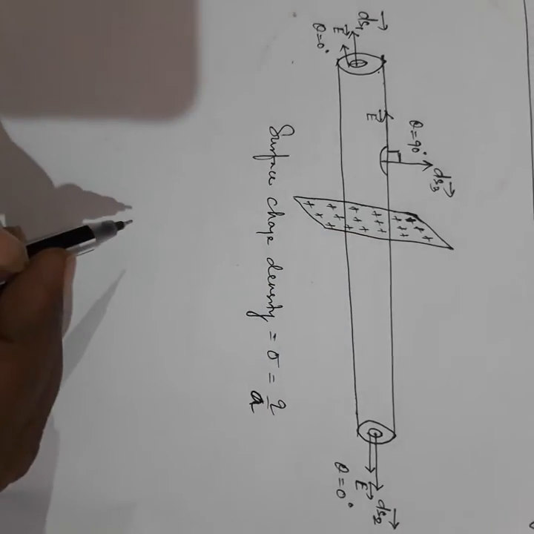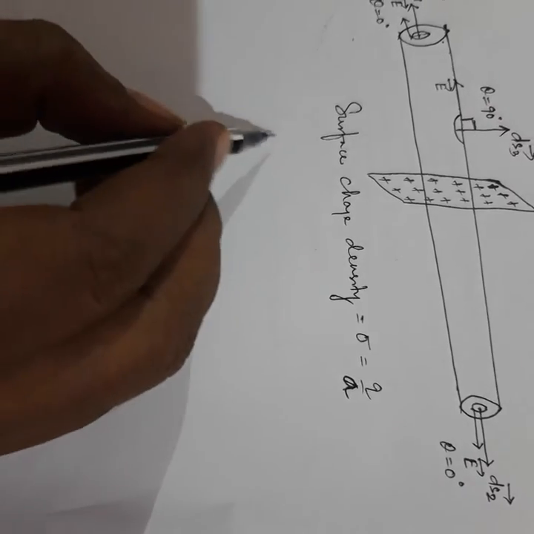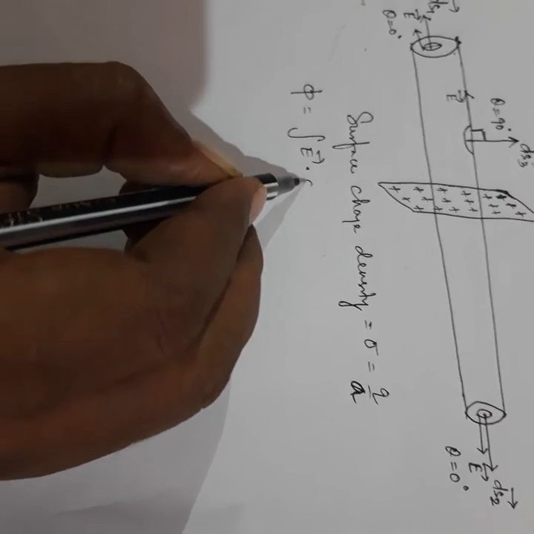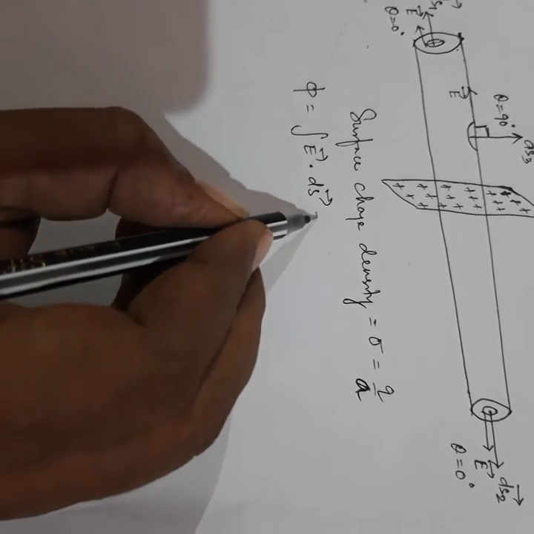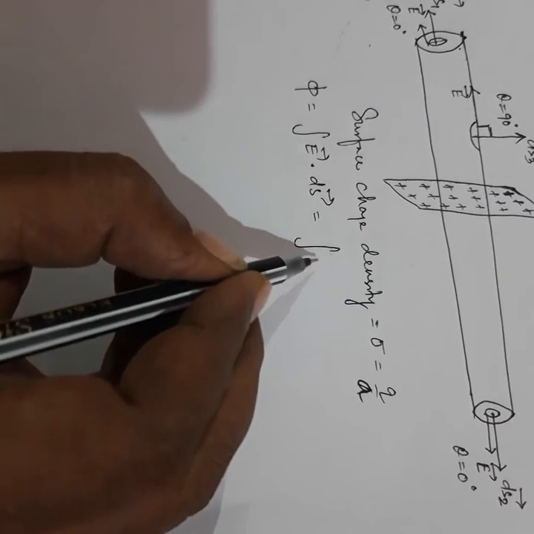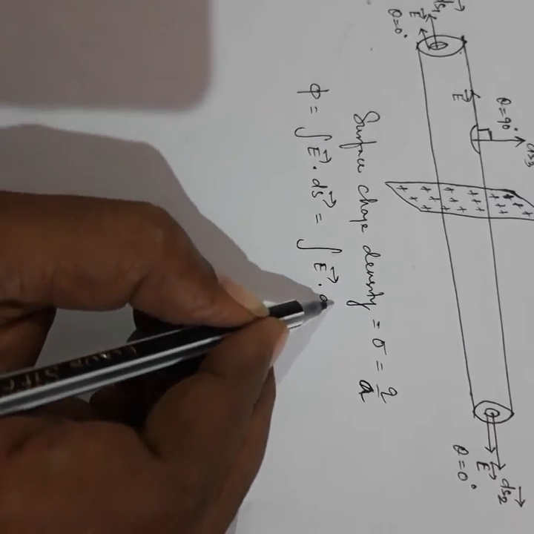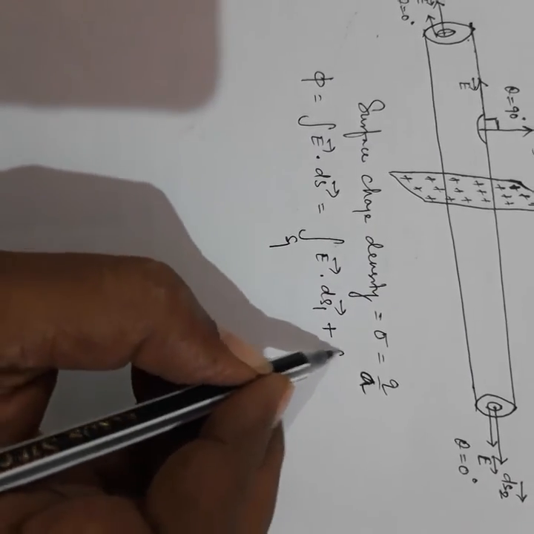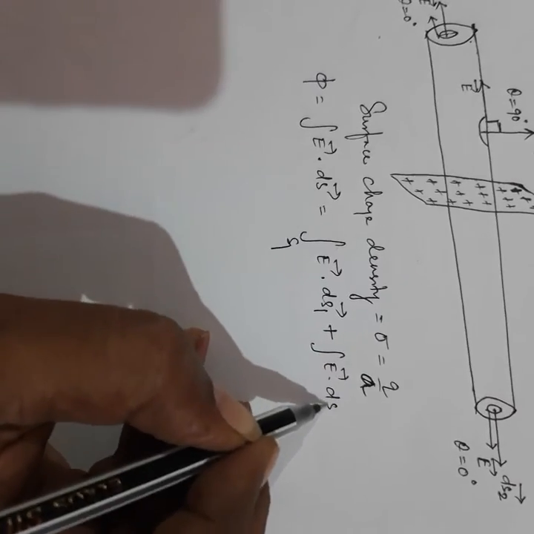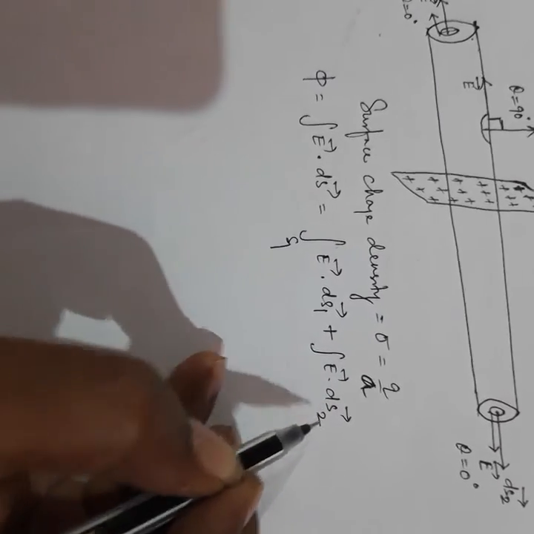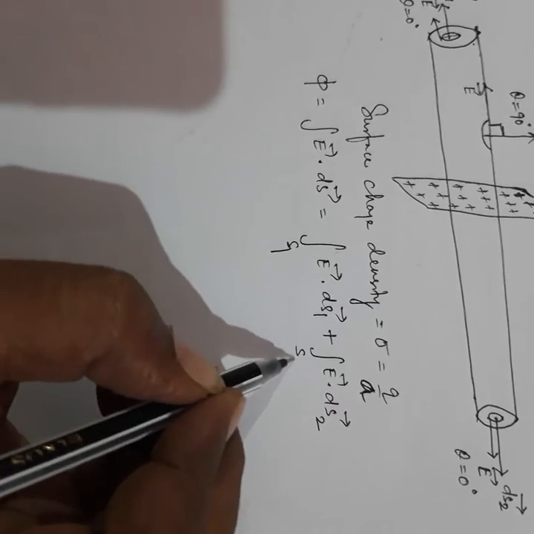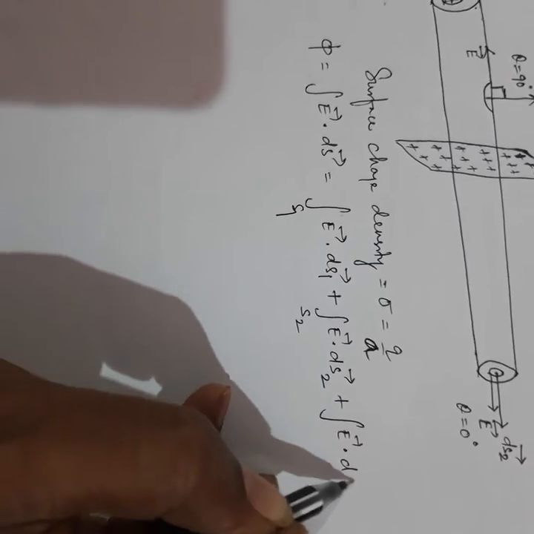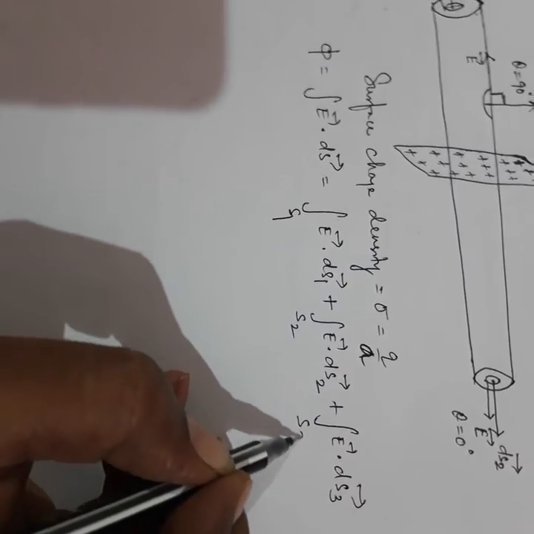So the total electric flux through this Gaussian surface will be phi, and that will be the integration of E vector dot dS vector, equal to E vector dot dS1 vector through S1, plus E vector dot dS2 vector through S2, plus E vector dot dS3 vector through S3.